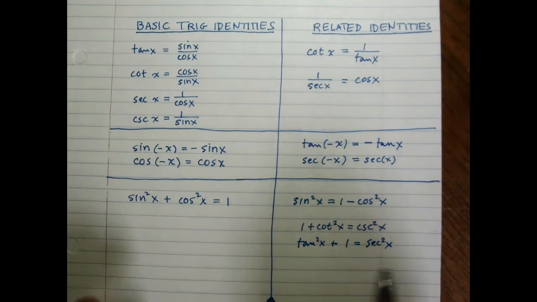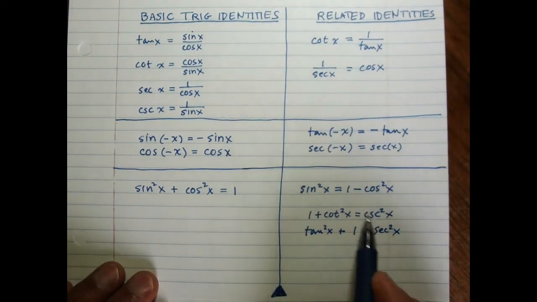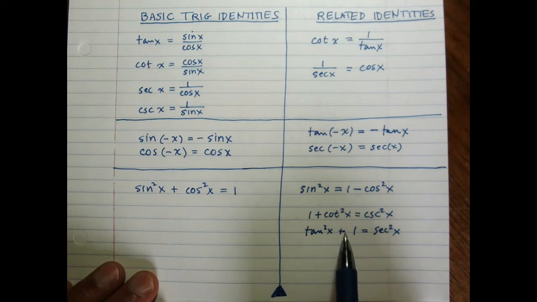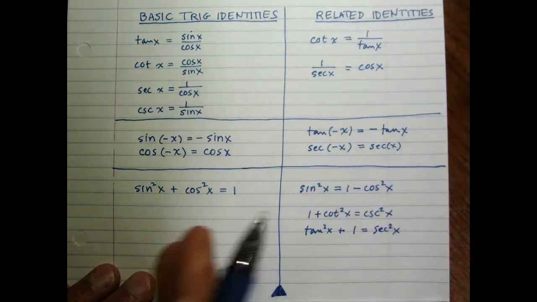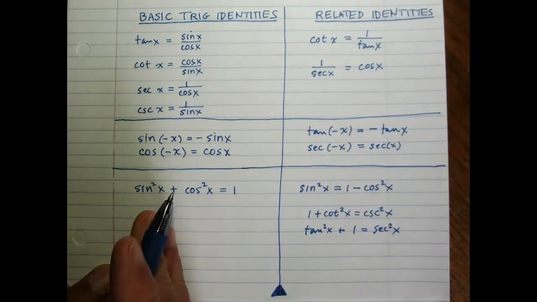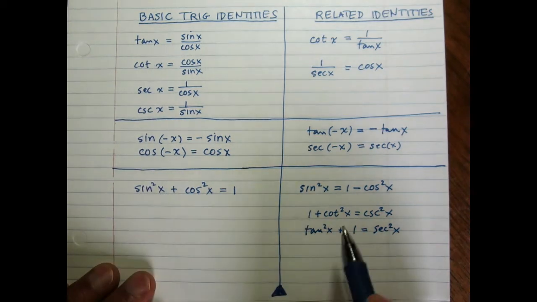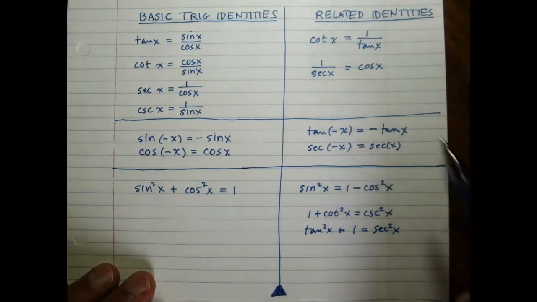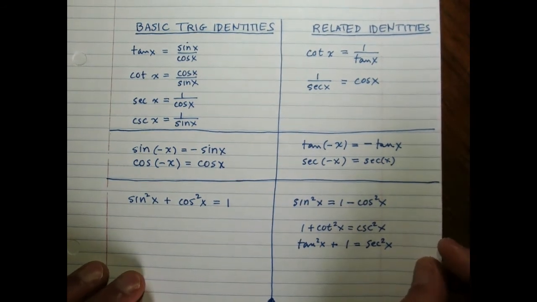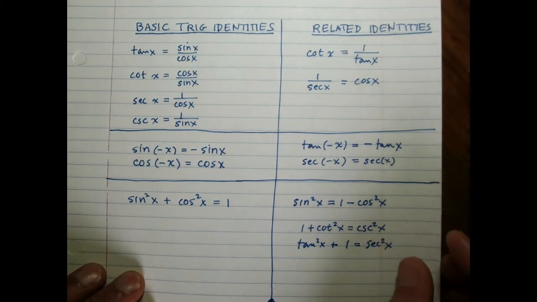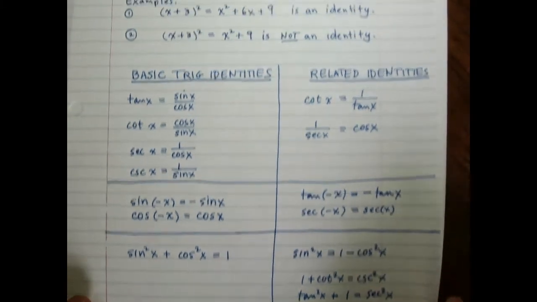I don't have these necessarily memorized all the time or right at my fingertips, but I can obtain them when I need them from the more basic identity on the left. So basic trig identities you absolutely have to have memorized, but realize there's a whole wealth of related trig identities. Don't memorize them totally independently of the basic ones we know. Just learn to understand how they're related to each other.